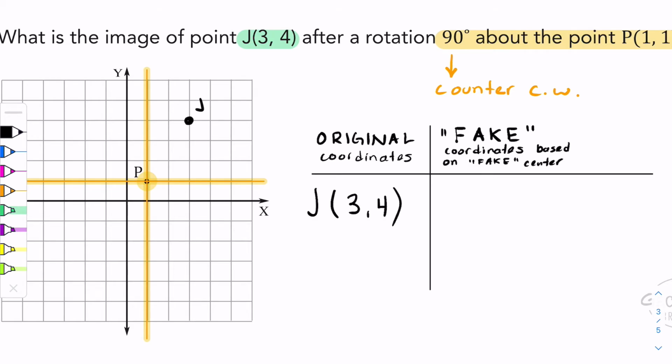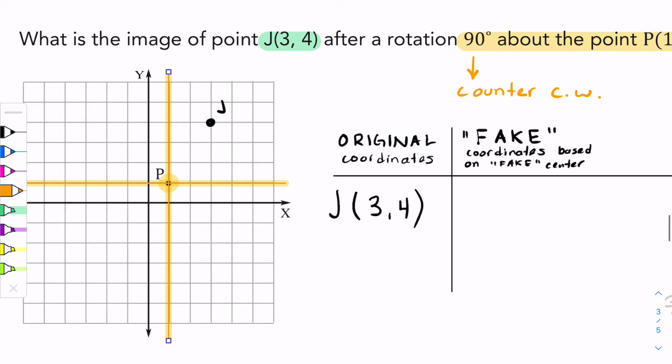Now, what I mean by that, here's your fake center. So if we assume that this is 0, 0, where's point J if this is 0, 0? Well, point J would be over 1, 2, up 1, 2, 3. So based on our fake coordinates, J is at 2, 3.